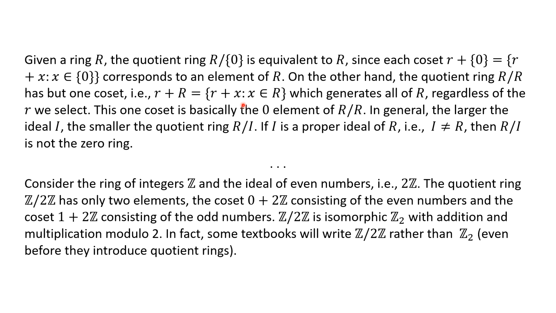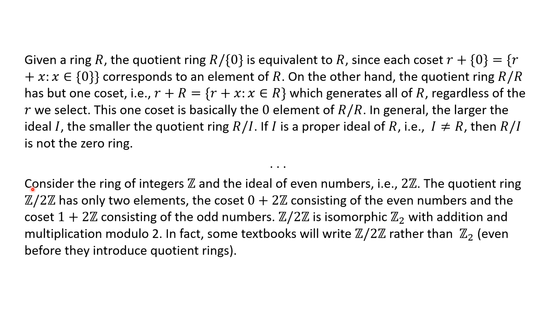So there's just one coset, which is equivalent to the 0 element of R slash R. In general, the larger the ideal, the smaller the quotient ring R slash I. If I is a proper ideal of R, i.e. I doesn't equal R, then R slash I is not the 0 ring.